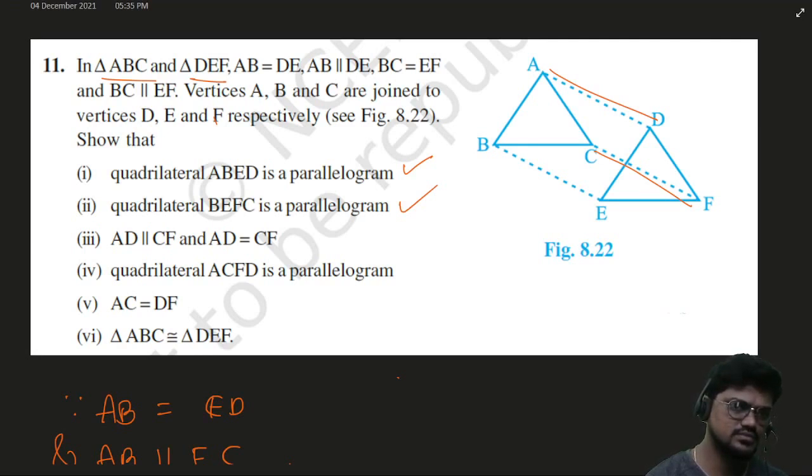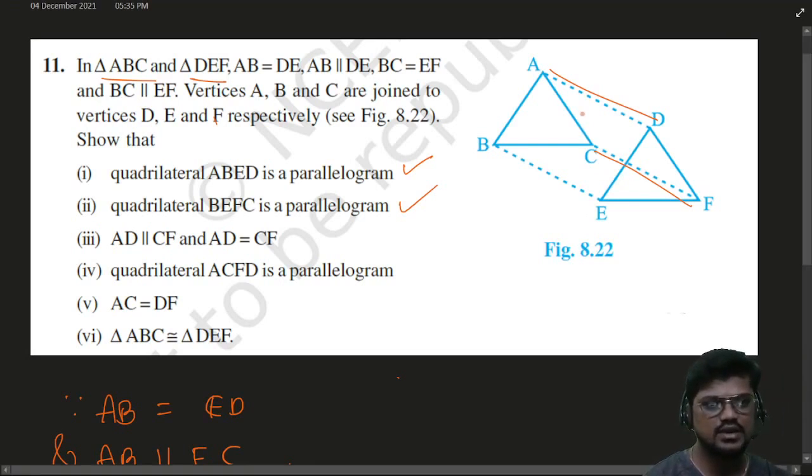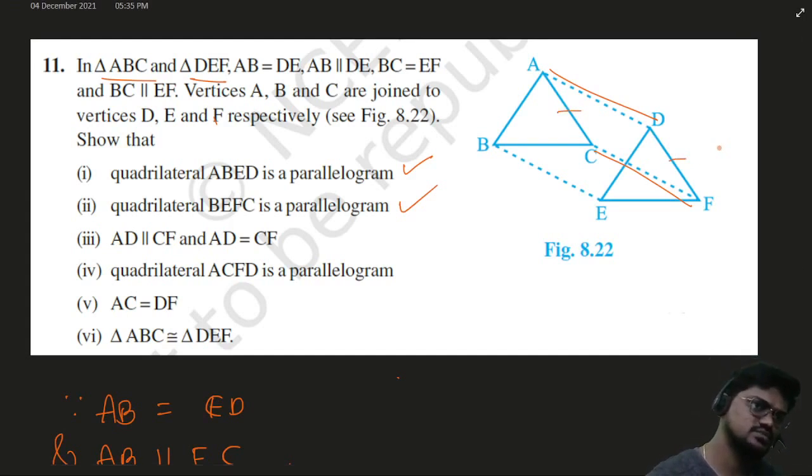Sir, just like we proved quadrilateral BCEF, we can prove ACDF also, and we can say CPCT. No, no, no. We cannot say ACFD is a parallelogram. Why? Because over here AC equal to DF is not given, and AC parallel to DF is not given.